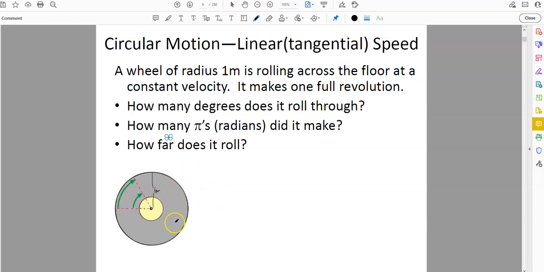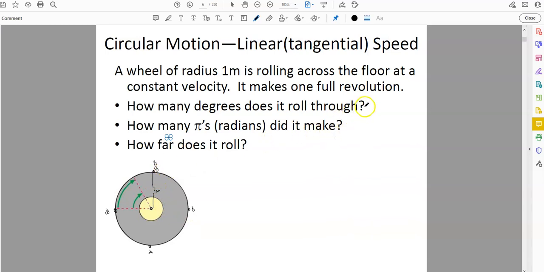This wheel is rolling clockwise, and let's just say it takes 4 seconds to do it. So it starts at 0 seconds, and then 1 second, 2 seconds, 3 seconds, and then 4 seconds to roll this one full revolution. So it's going to be rolling to the right.